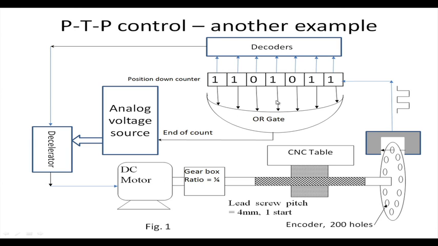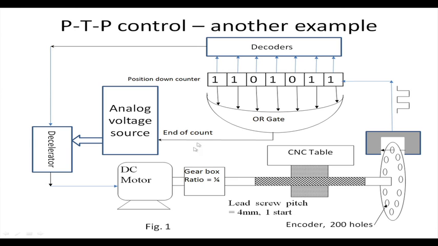So, when we have moved sufficiently close to the target, the decoder circuit through some binary circuits senses that it is a certain distance away from the target, and it reduces the voltage output of the analog voltage source through a circuit called a decoder, and the DC motor starts getting a lower voltage and rotates at a lower rate.